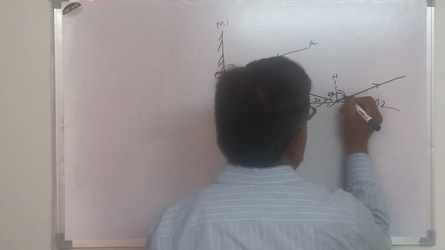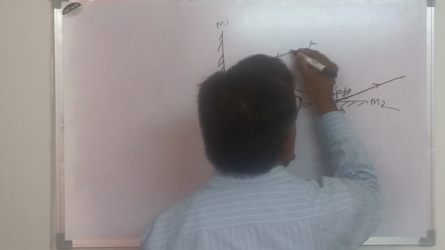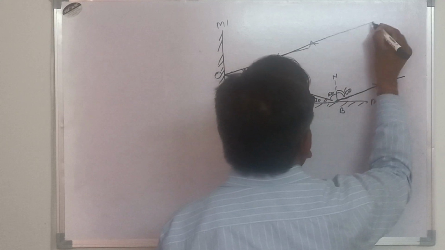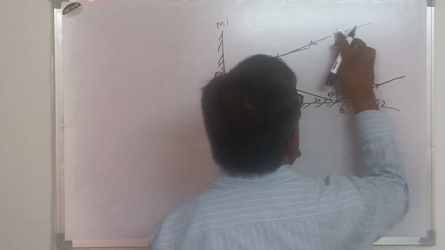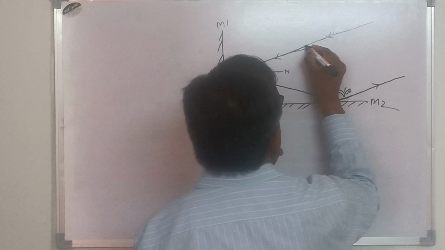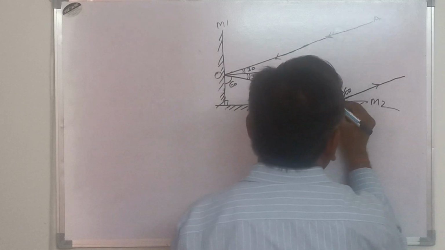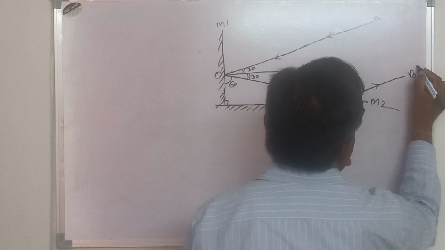This is the 60. So these rays, oh sorry, this is the incident ray AB, and this is the finally reflected ray BB dash.